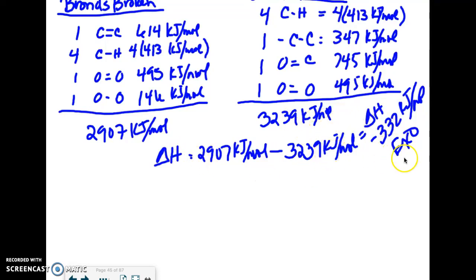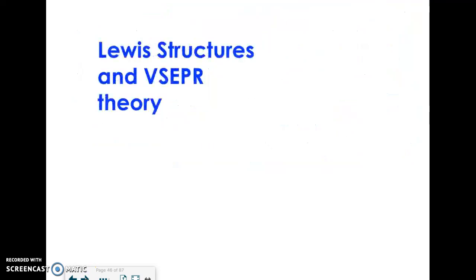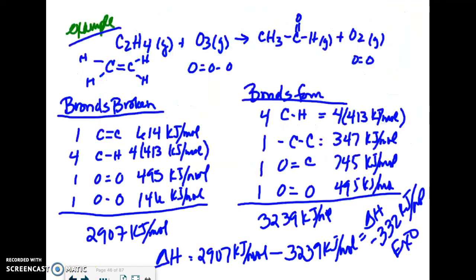When we calculate that, you end up with negative 332 kilojoules per mole, that reaction being exothermic. Okay, so that is how you can calculate the energy associated with a chemical reaction for molecular compounds.